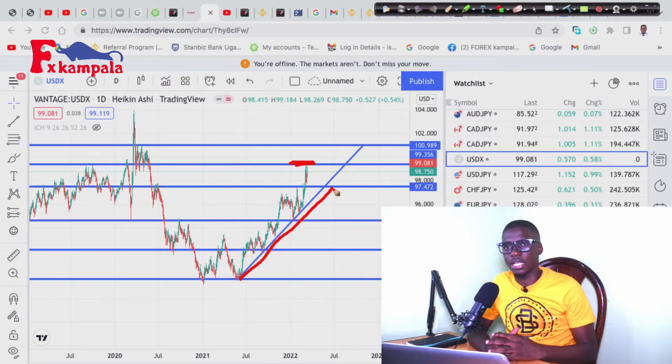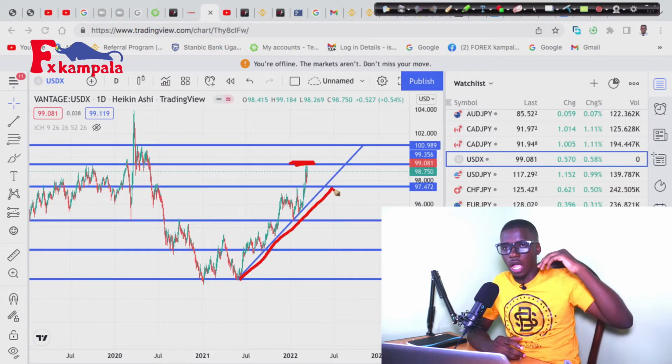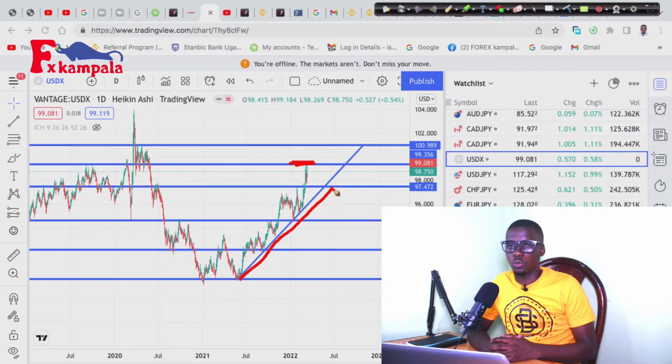So it's as simple as that. It's a matter of analyzing just the US dollar index.